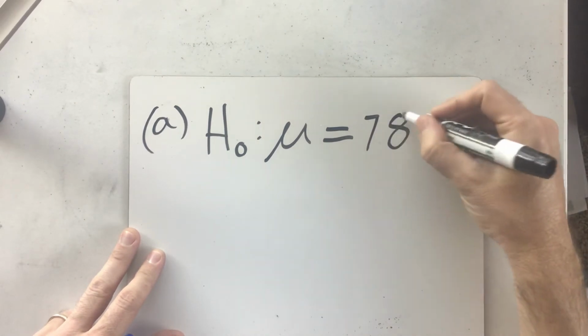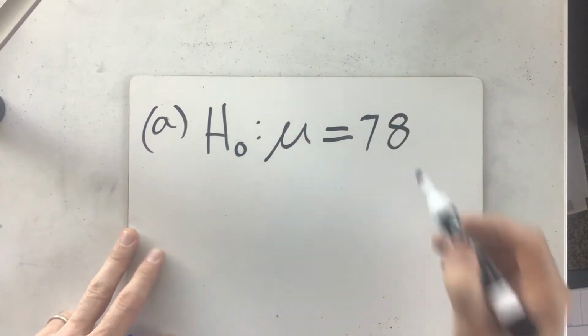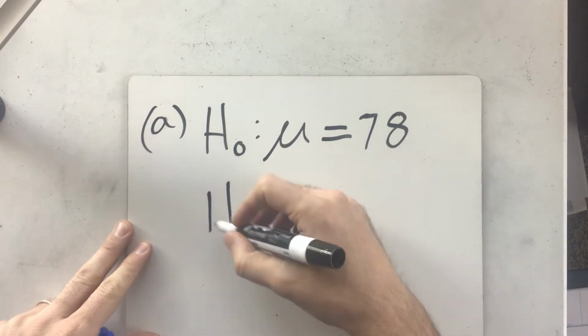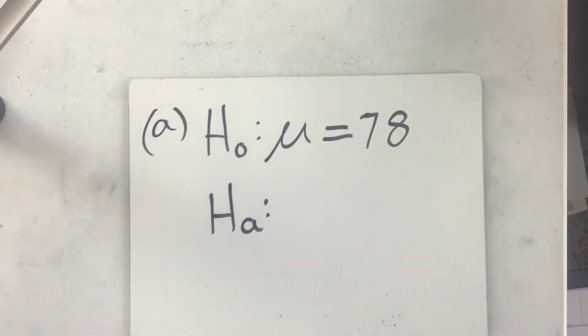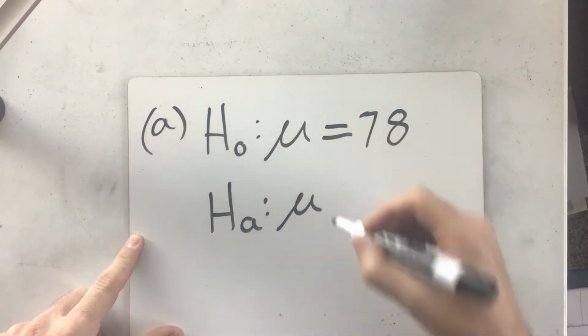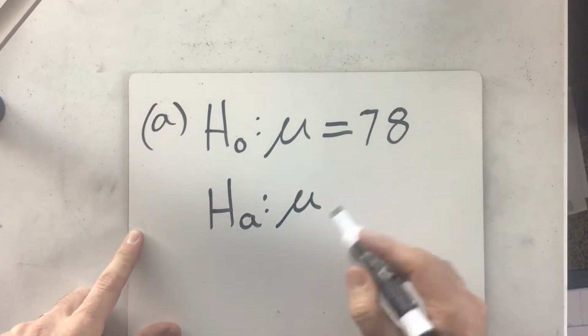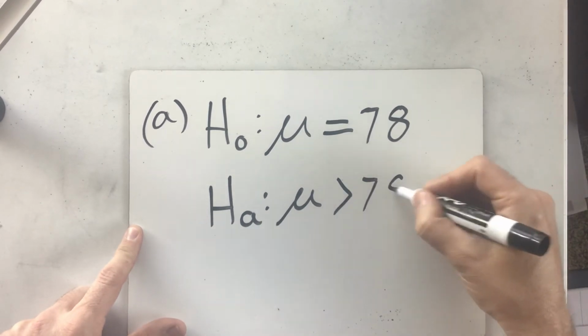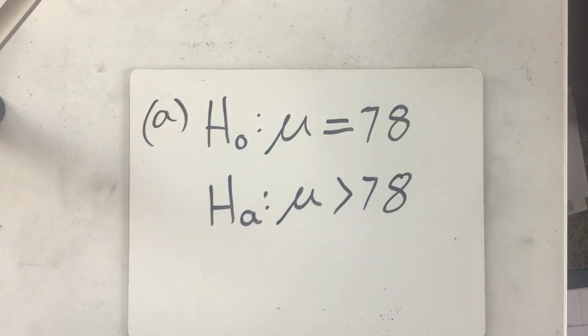We'd expect the average to be 78. So mu equal to 78 is what I would expect. Now, however, he is hoping that his students are exceptional and that they will score better than the national average. Our alternative hypothesis, which is what we're hoping to prove, is that our students' average is actually greater than 78. So this is what we got for the first set.